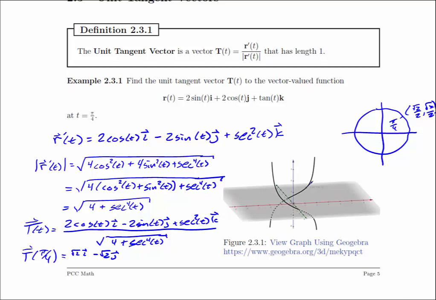Secant is 1 over the cosine value. So 1 over the square root of 2 over 2 equals 2 over the square root of 2 equals, if I rationalize this, then we get 2 root 2 over 2 equals the square root of 2. So that's my secant value. So secant squared is just 2. So plus 2k.